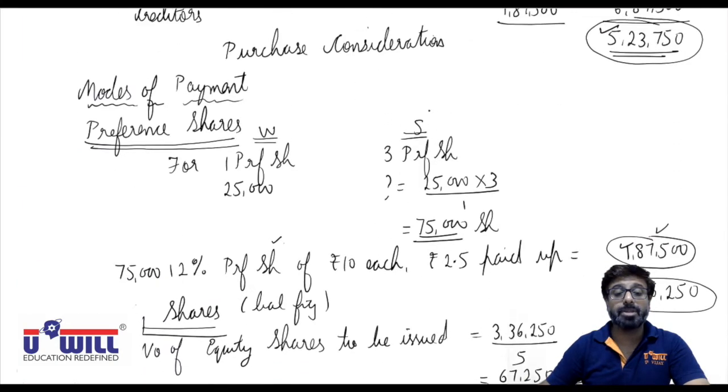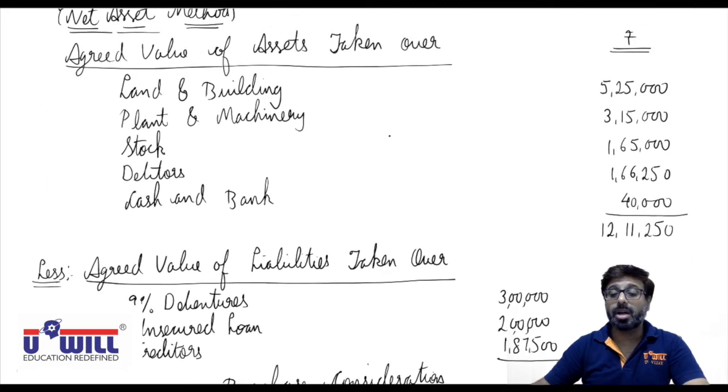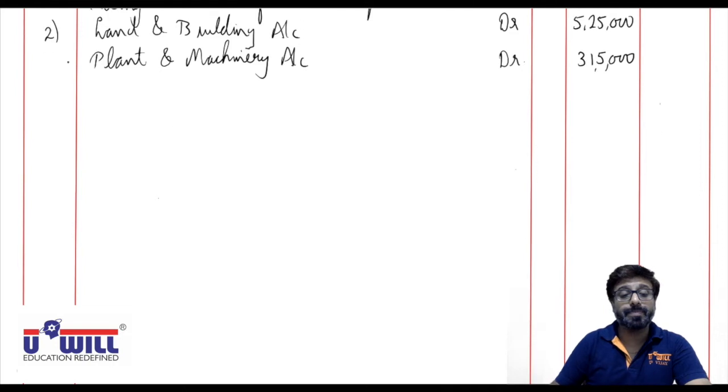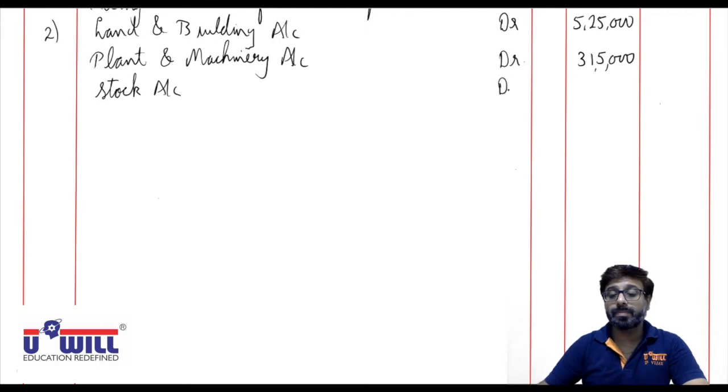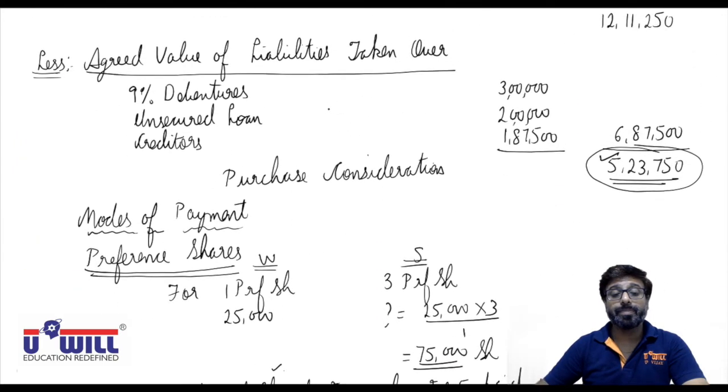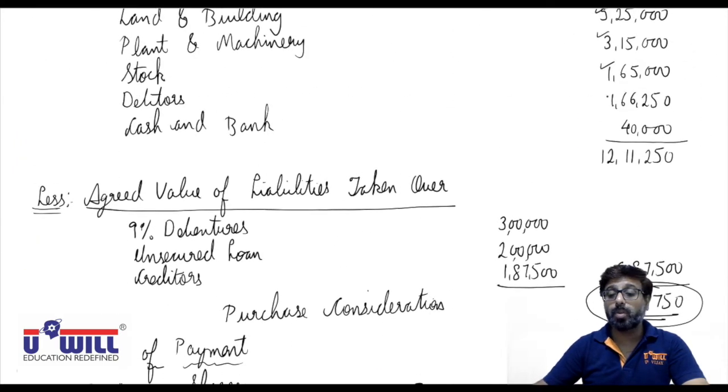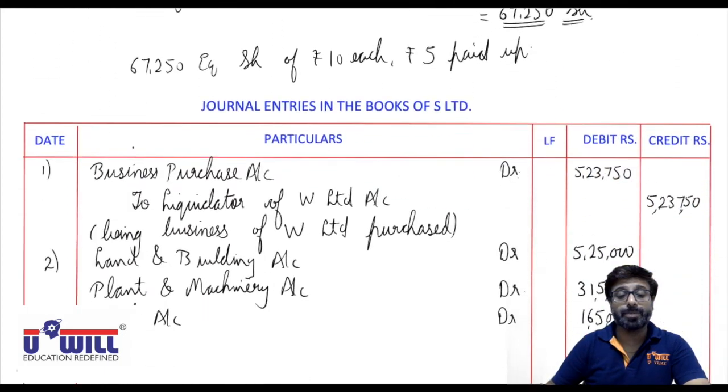Then after plant and machinery we have stock account debit with 1,65,000. Then after stock we have debtors account debit with 166,250.